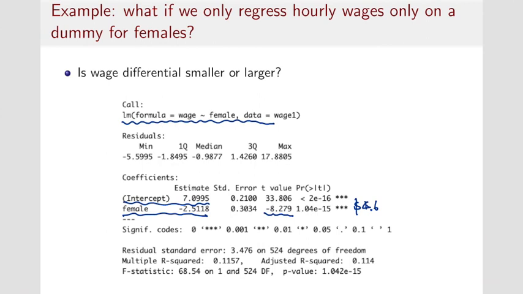Compared to the previous regression model, now the estimated wage difference between male and female is larger because this simple linear regression model does not control for the differences in education, experience, and tenure. And all these factors are quite low on average for females than for males in this sample. So we have a larger wage gap because all other factors also contribute to the wage difference.